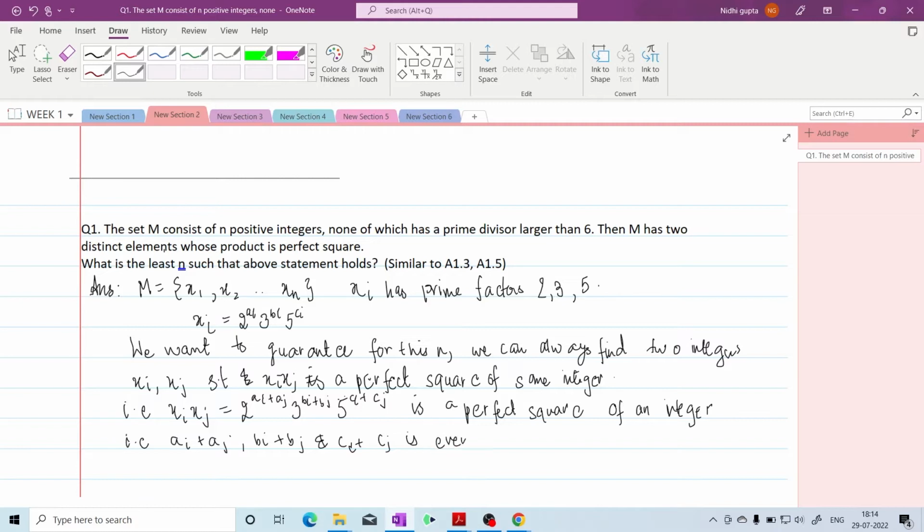This can only happen when these powers are even, because then our xi xj will be 2 raised to the power (ai plus aj)/2, 3 raised to the power (bi plus bj)/2, 5 raised to the power (ci plus cj)/2, whole square.